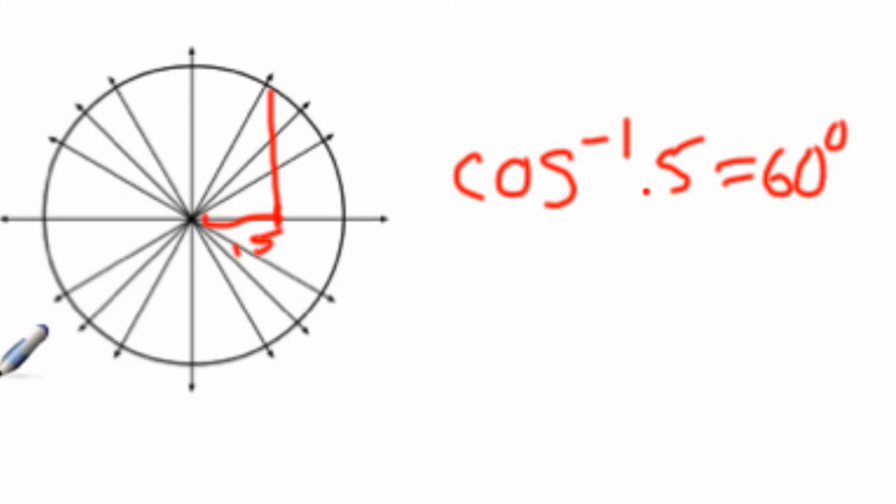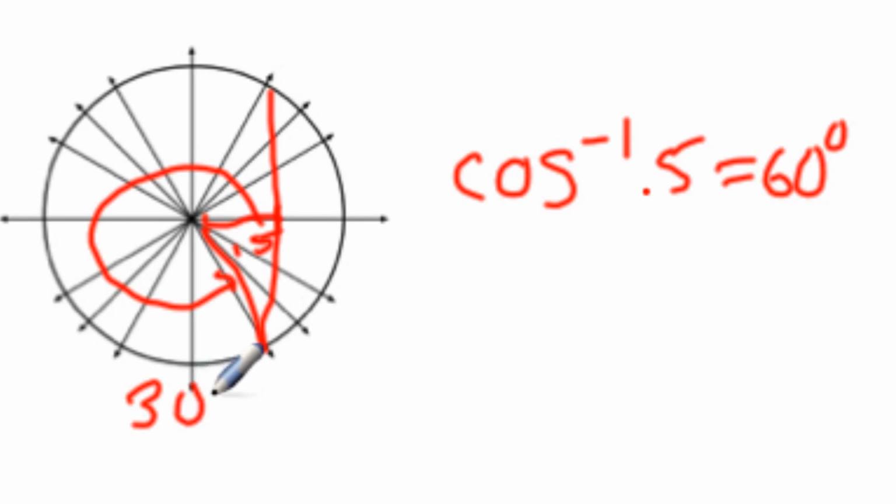But is there any other angle on the unit circle which also has a cosine and x value of positive 0.5? There is one, and that's going to be, from the x-axis, 300 degrees. So the arccosine of 0.5 is 60 degrees and 300 degrees, but remember that we said we weren't going to worry about any angles greater than 180 degrees.